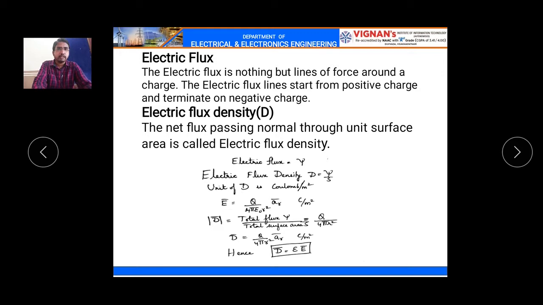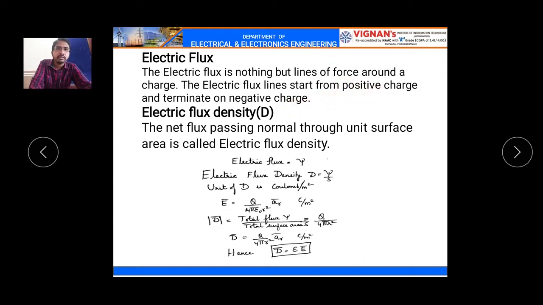That is nothing but magnetic flux. The number of magnetic lines of force is magnetic flux. Similarly, the number of electric lines of force around a charge is called electric flux. Electric flux lines start from the positive charge and terminate on the negative charge.